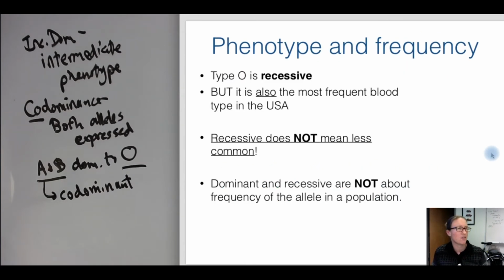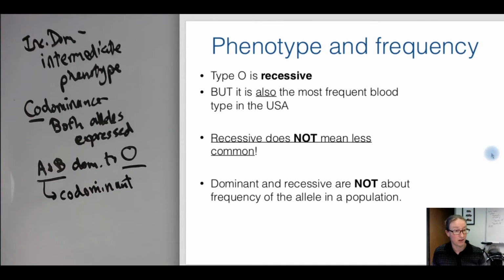And that brings us to an important point that's going to come back to haunt us later on. And that is that phenotype and frequency should not be confused with each other. So yes, type O is recessive, but it is also the most frequent blood type in the US. So just because an allele is recessive does not mean that allele is less common.